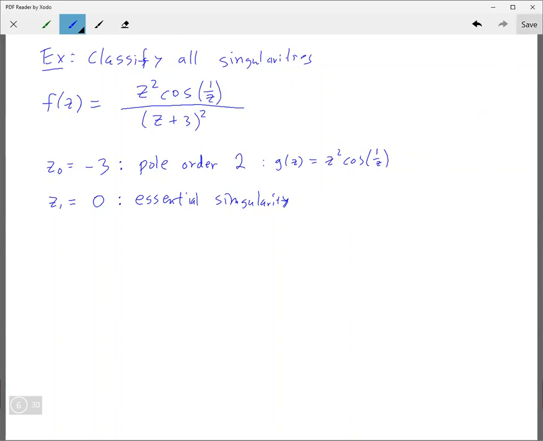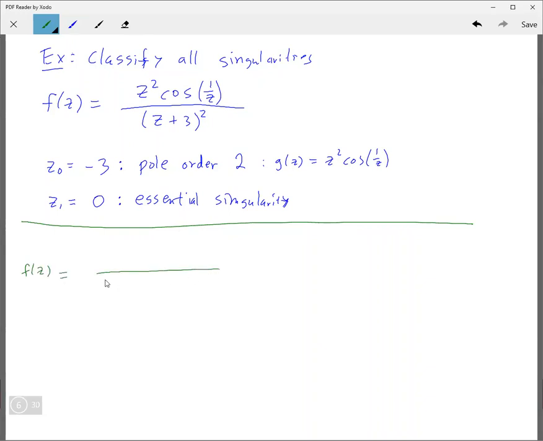Now, let me give you another example. Let's put a sine z right there.